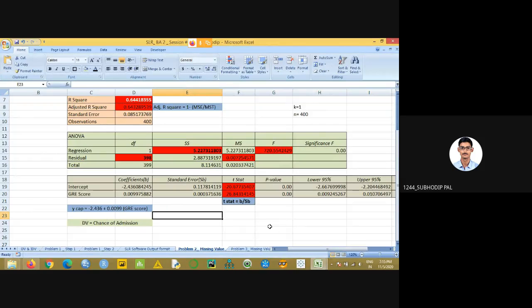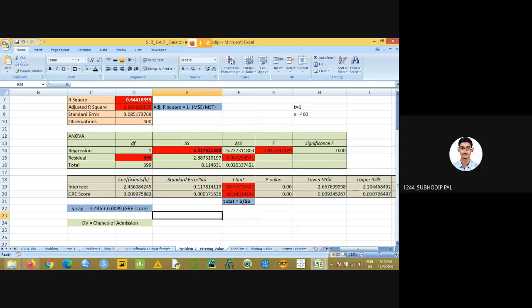That is the regression equation, right? How do you interpret that? You have to know the dependent and independent variable before you start the regression process. Then only you can start the regression.